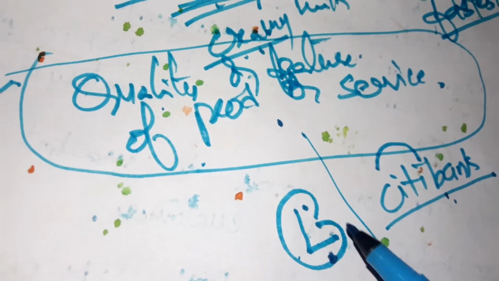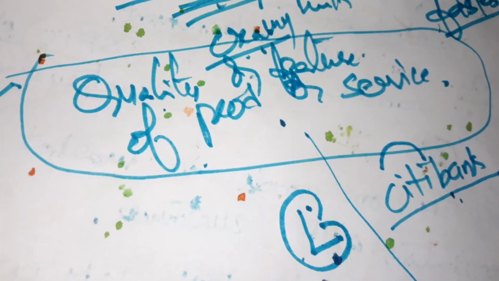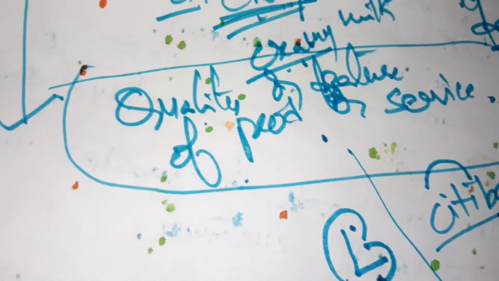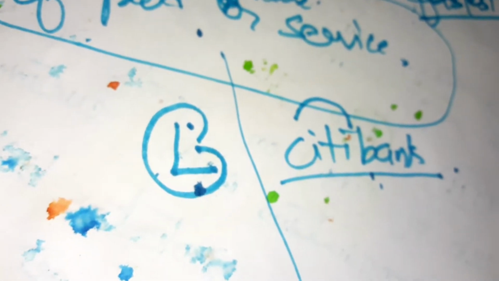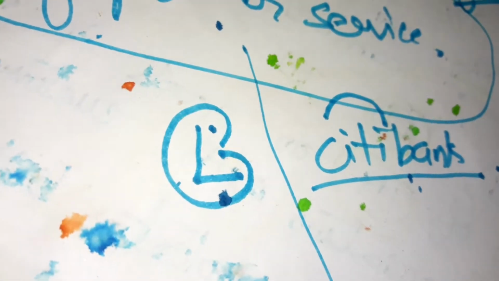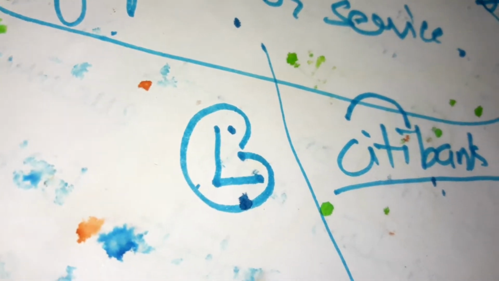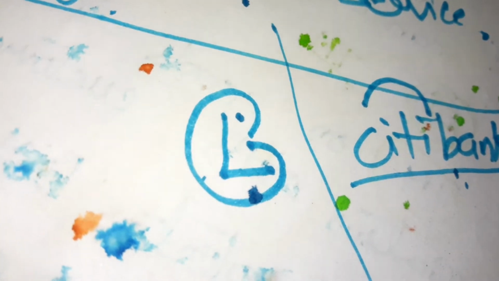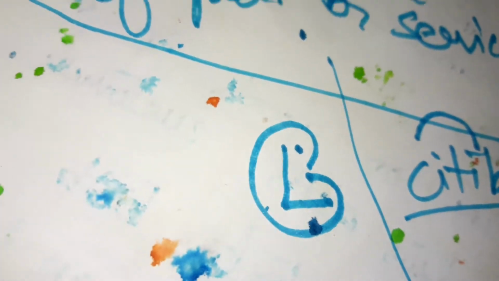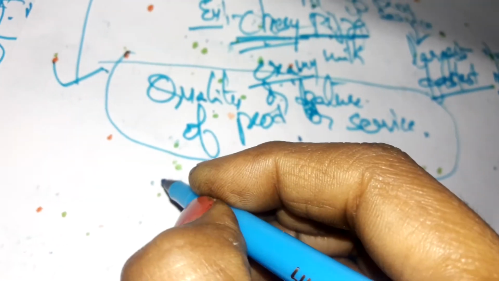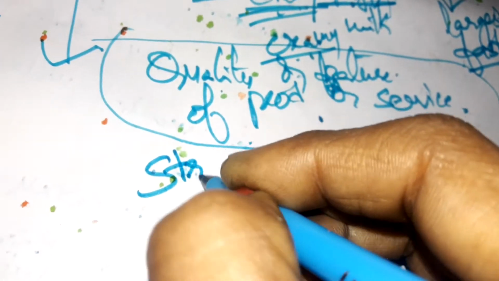This LG symbol represents some quality or feature of the products. Next, by seeing these suggestive trademarks, customers will get an idea about the product or services in their minds also. Next one, suggestive marks are the strongest types of the trademark. These suggestive trademarks are the strongest type of the trademarks.